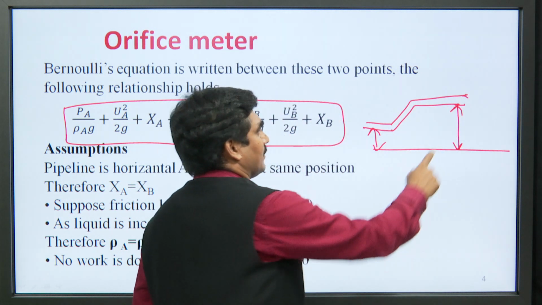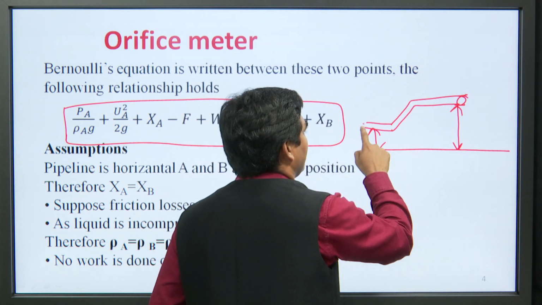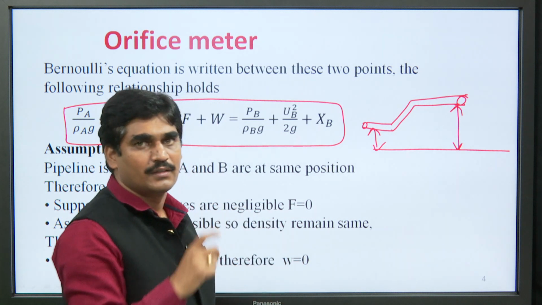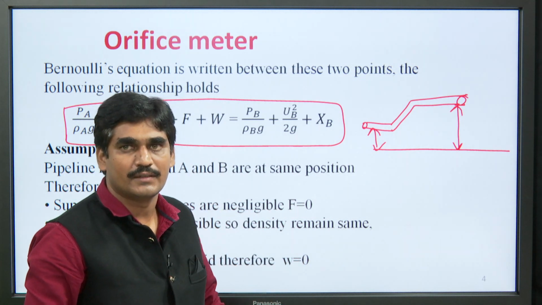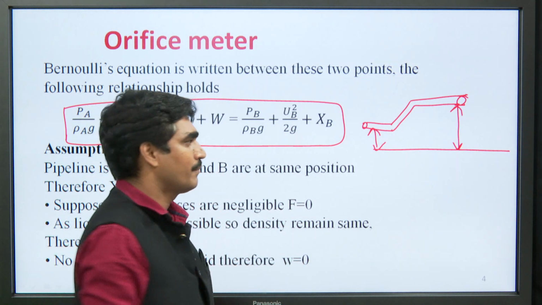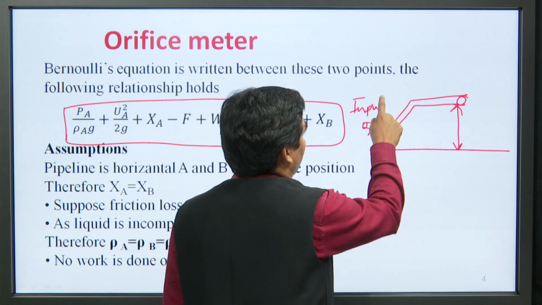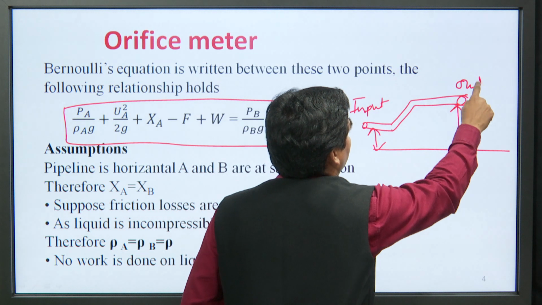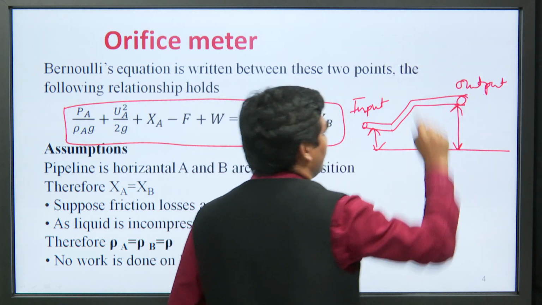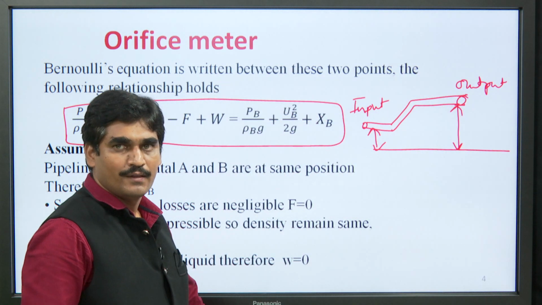So, this was the arrangement for determination of rate of flow for determining the Bernoulli's equation, where this was the input area, this was the output area. Okay.